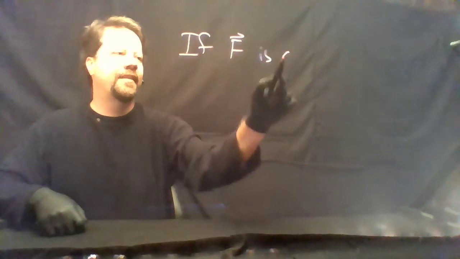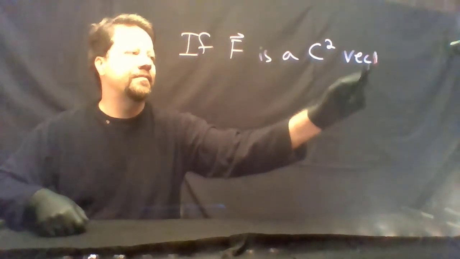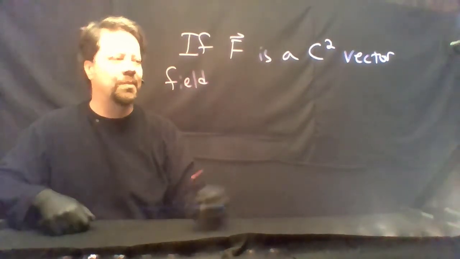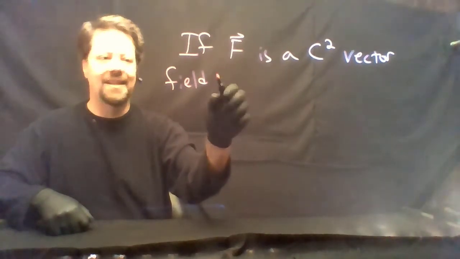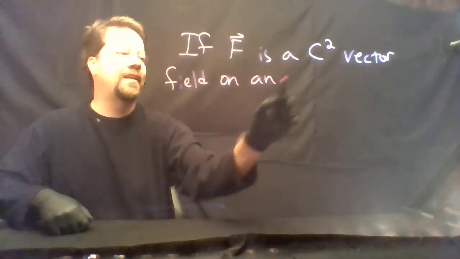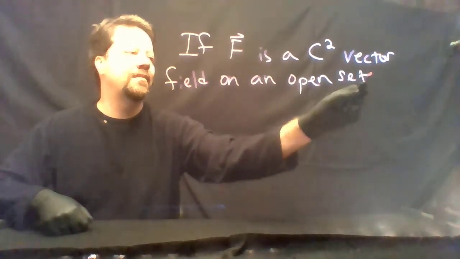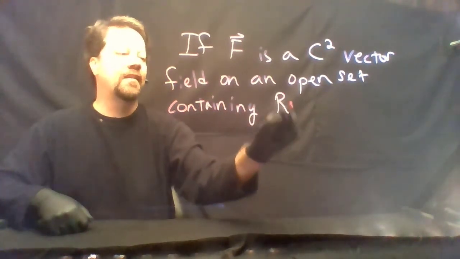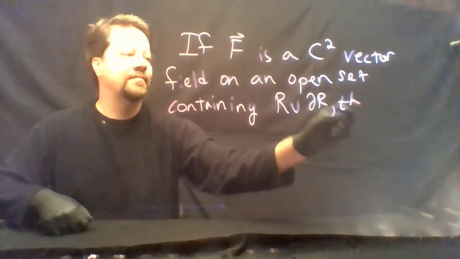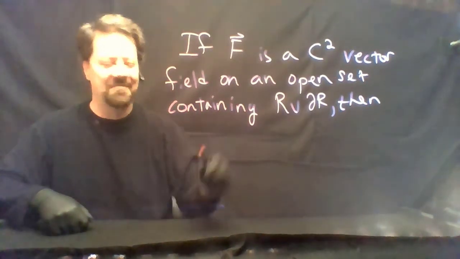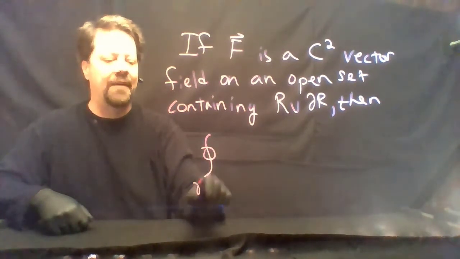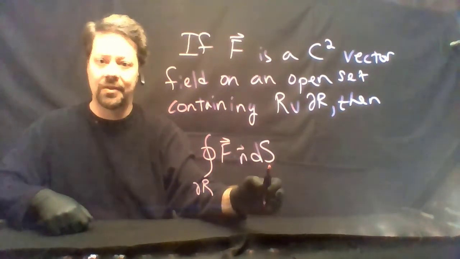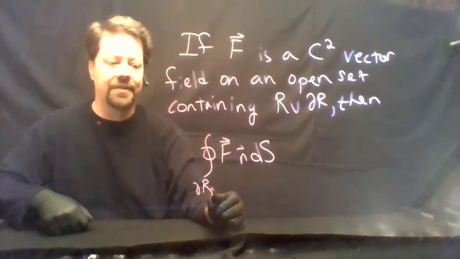If F is a C2 vector field, so it's twice differentiable and the second derivatives are continuous, on an open set containing R and its boundary, then, finally, the integral on the boundary of R of F dot n dS, where dS is a surface element, is a surface integral.